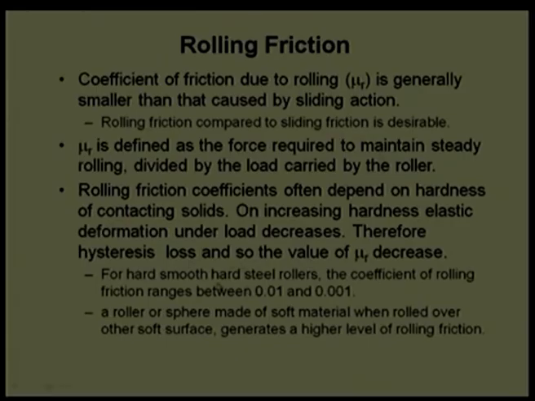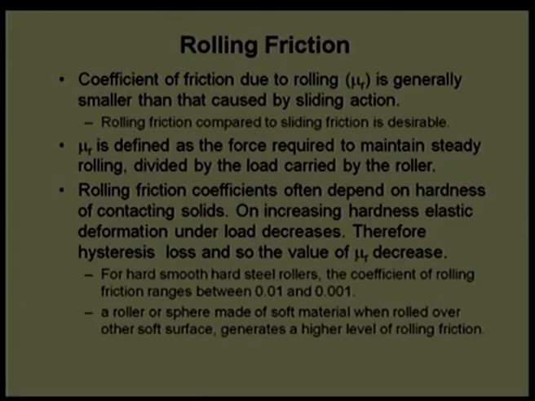And we are talking about the hardness. If the surface turns out to be soft, then there will be excessive deformation, and due to that excessive deformation there will be loss due to hysteresis, and that will be counted as coefficient of friction. That is why in the second line it is written a roller or a sphere, with the ball made of soft material, when rolled over another soft surface, generates a high level of coefficient of friction.